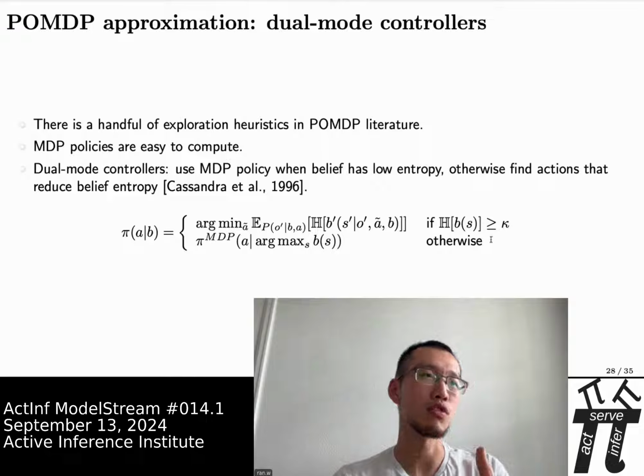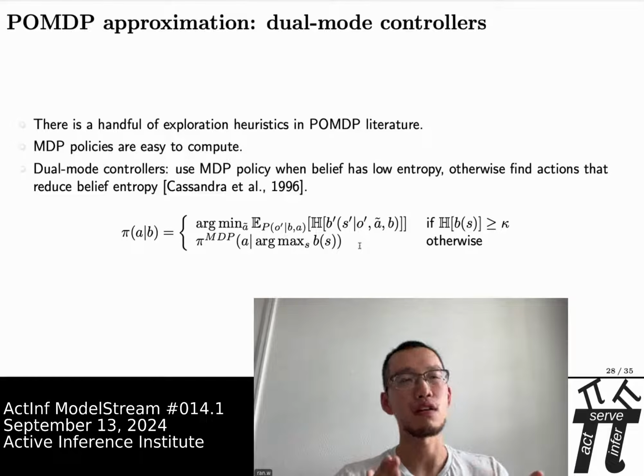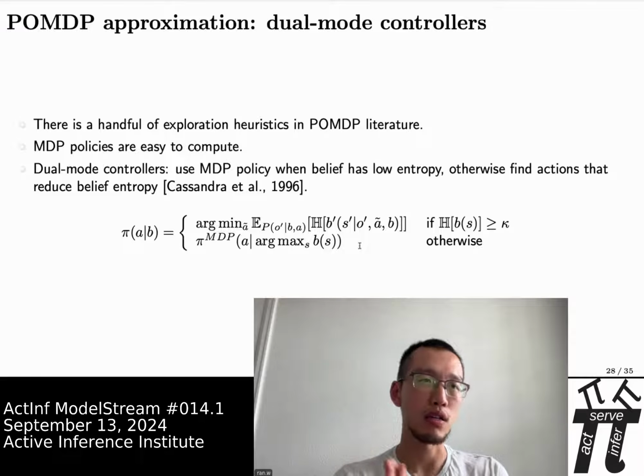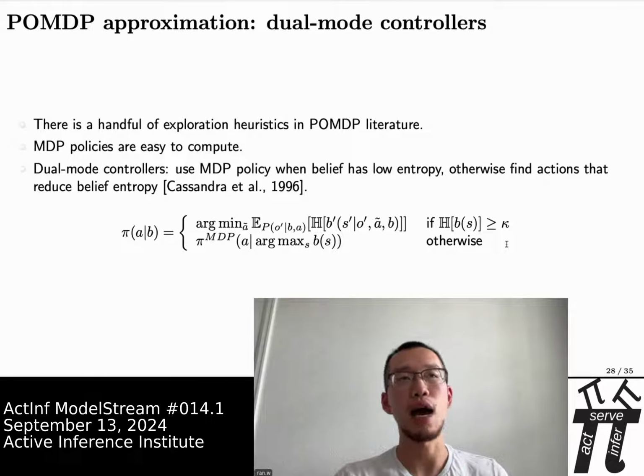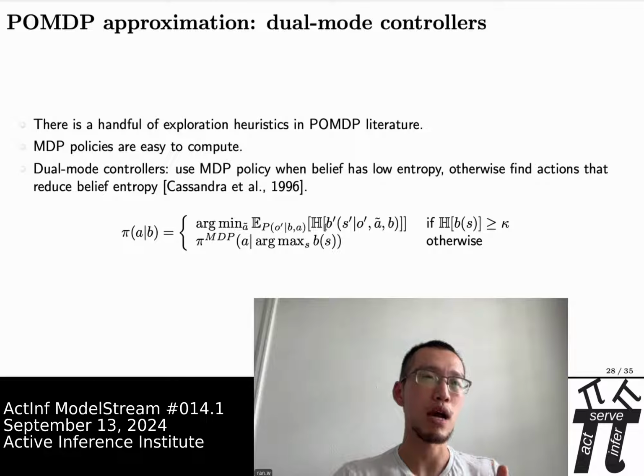For the exploitation mode, you essentially take the argmax of the current belief, that is, the state that you believe is most likely to be the current state, and you simply choose an action from the MDP policy, which we know is easy to compute. But if the belief entropy is higher than your threshold, then you take an action to minimize the entropy of the next belief. You can read this as something very similar to maximizing the gain of information in the next period.